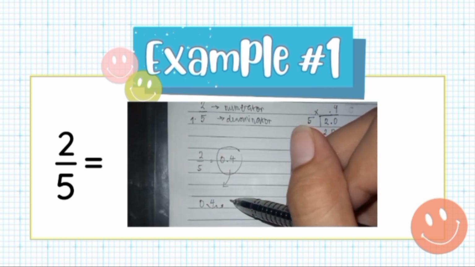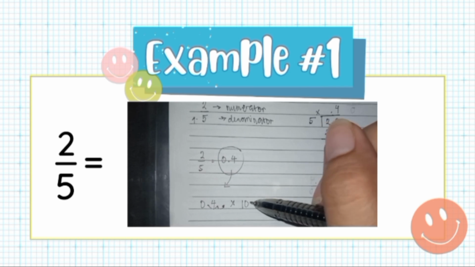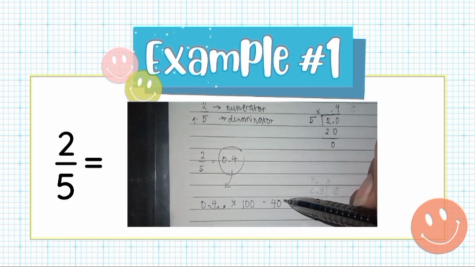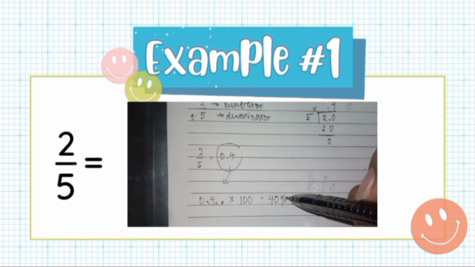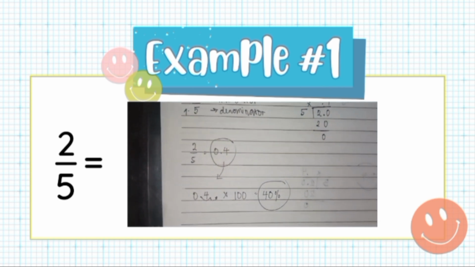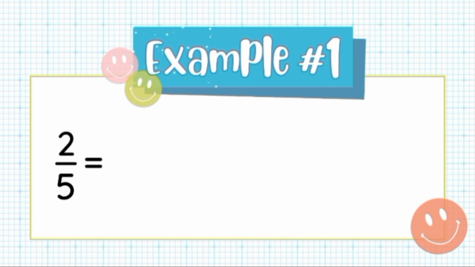So 0.4 times 100 equals 40%. Alternatively, we can move the decimal point 2 places to the right. 0.4 to 40%. So the decimal 0.4 is equivalent to 40%.